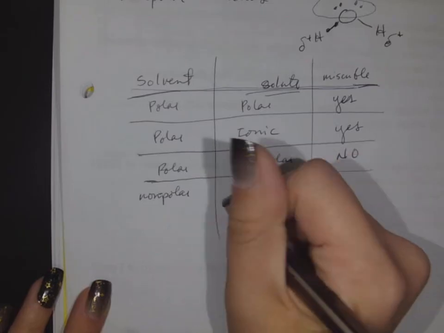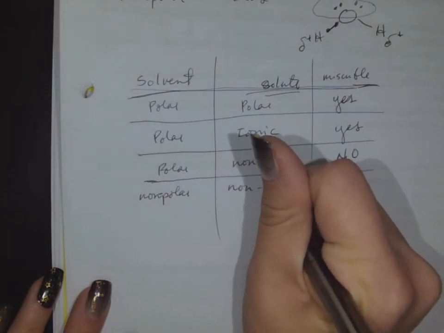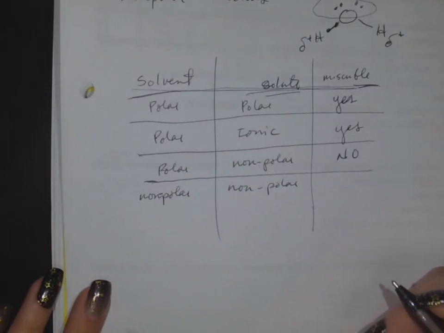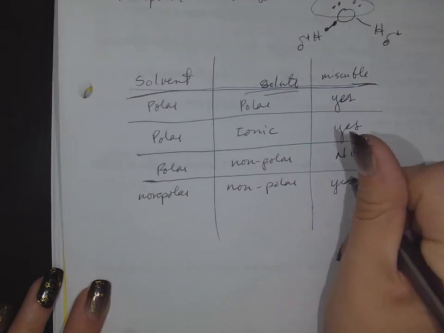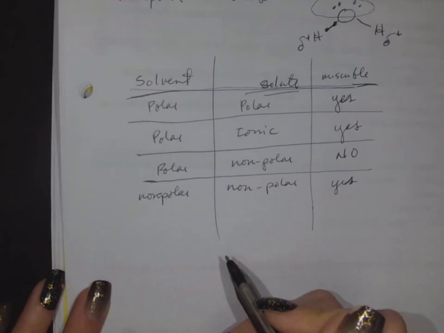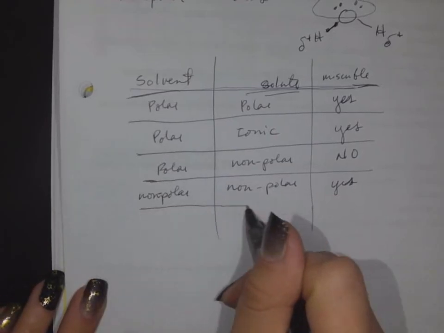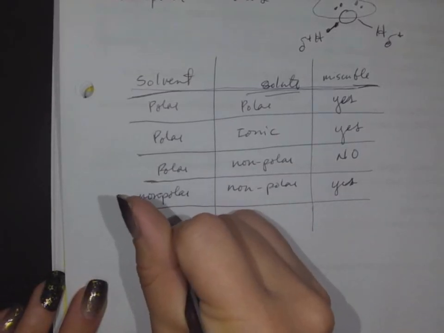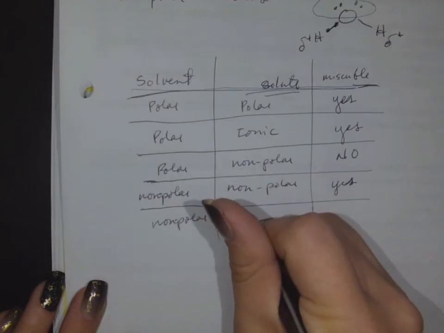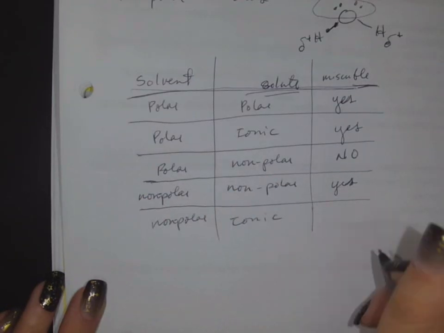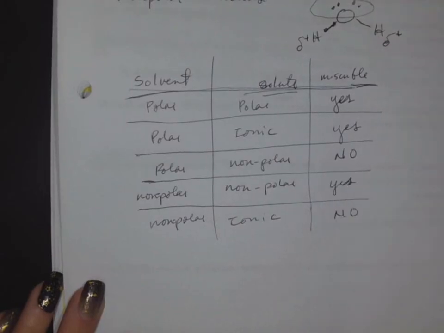But if it's non-polar and non-polar, those ones are similar, so yes, they are miscible. They do dissolve. And then last one here, non-polar and ionic. Not similar enough, does not dissolve.